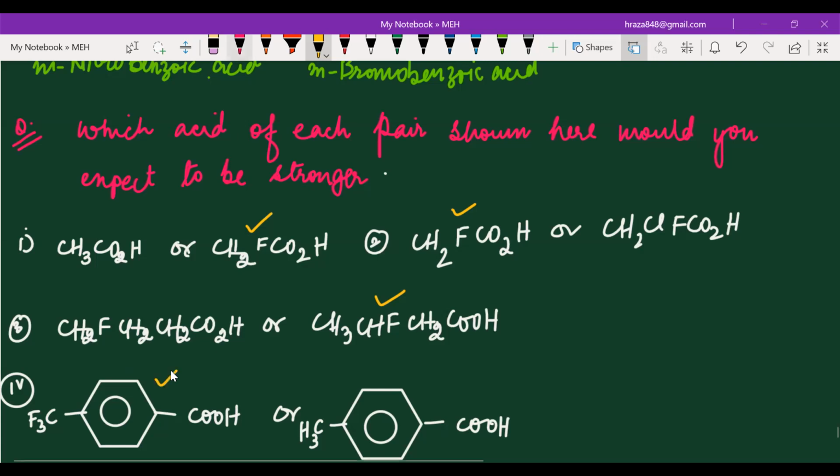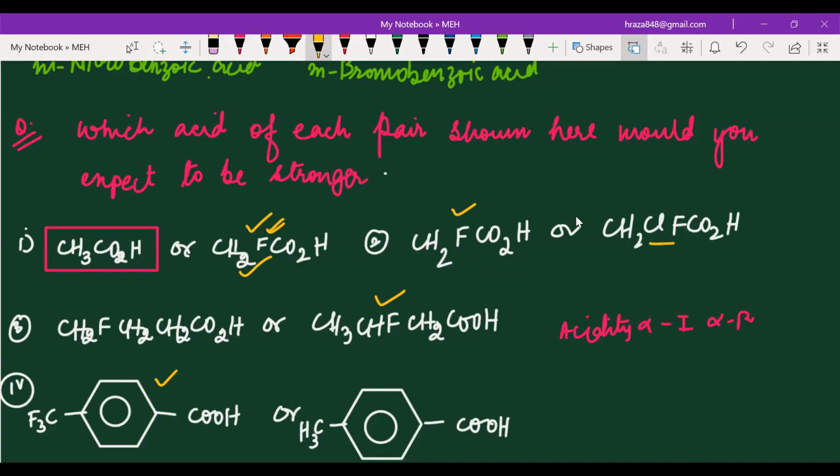See, for us, acidity is directly proportional to the electronegativity, the one with the highest electronegativity. There is no electronegative element here, but here fluorine is the most electronegative element, so its acidic character is more.